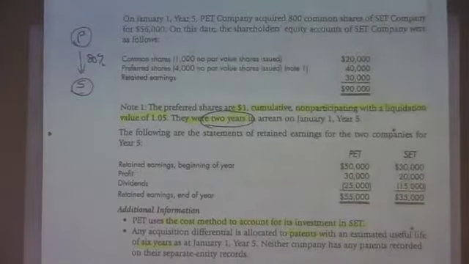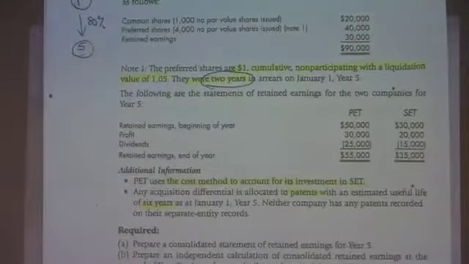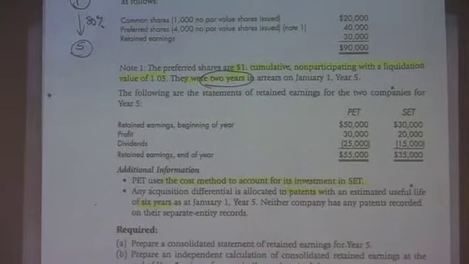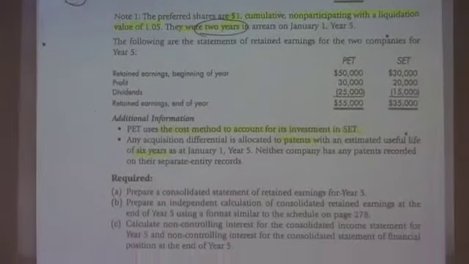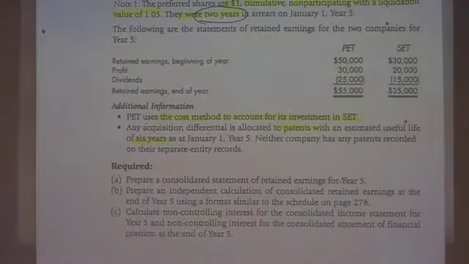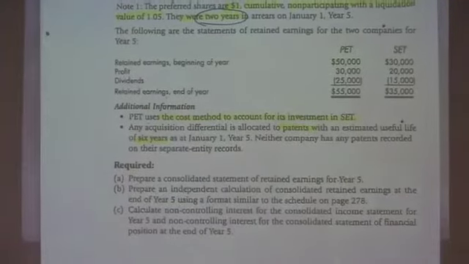So the first thing they asked us to do is prepare a consolidated statement of retained earnings for year 5. The second requirement says prepare an independent calculation of the consolidated retained earnings at the end of year 5 using a format similar to your textbook. So page 278, we're going to take a look at that in a minute.